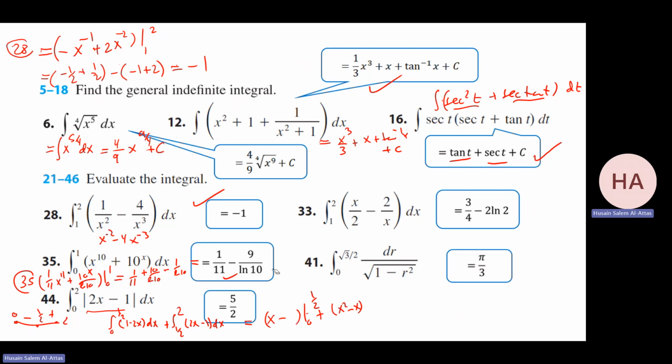Wait a minute, this is x squared. The integral of 2x is x squared. Differentiate, you will get this one. From half to 2, that gives me half minus 1 over 4, plus 4 minus 2, minus 1 over 4 minus half. This gives me 1 over 4, plus, minus, that will be plus, so it will be half plus 2, which is 5 over 2, which is this one.